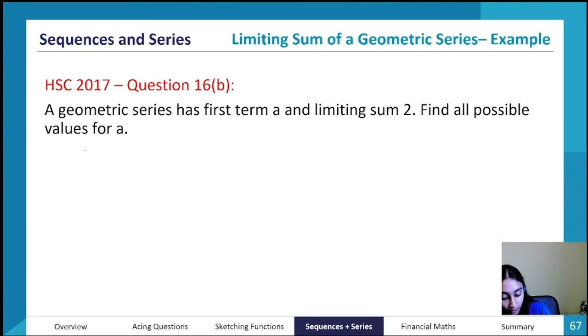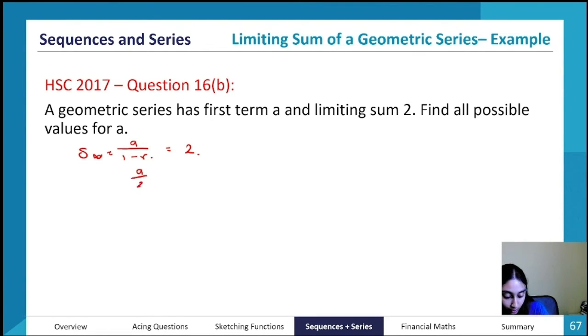So S infinity is equal to A on 1 minus R, which will be equal to 2. So now let's bring A and 2 to the other side so that we can make R the subject.